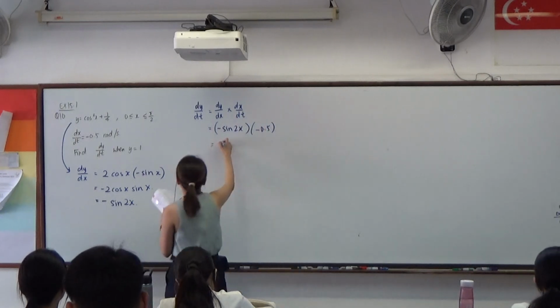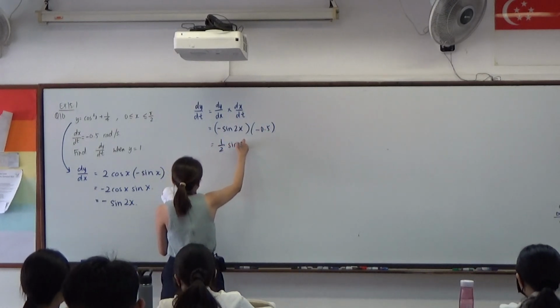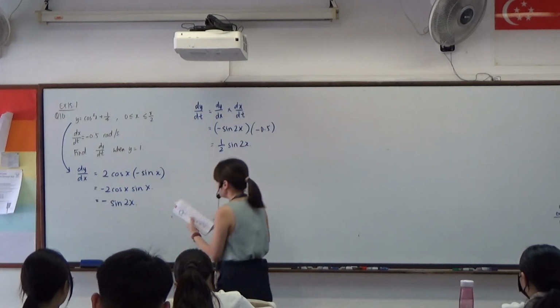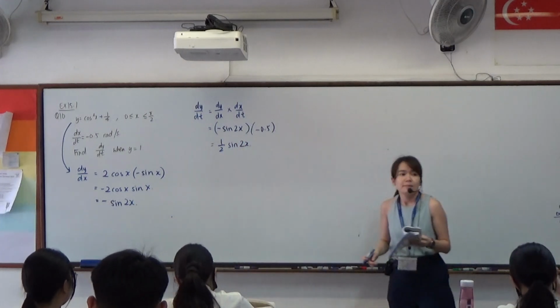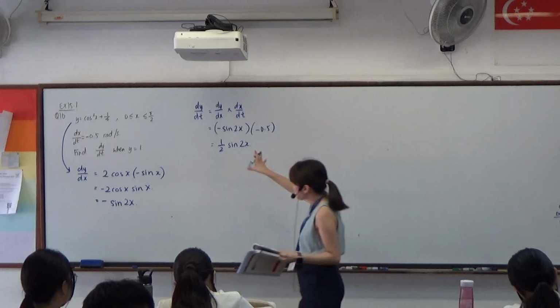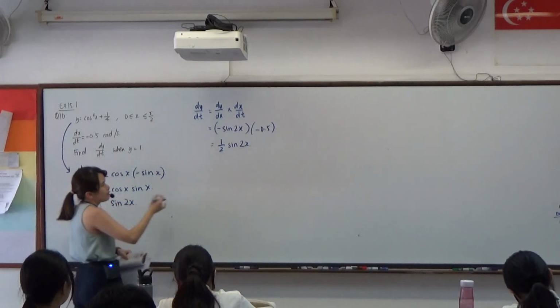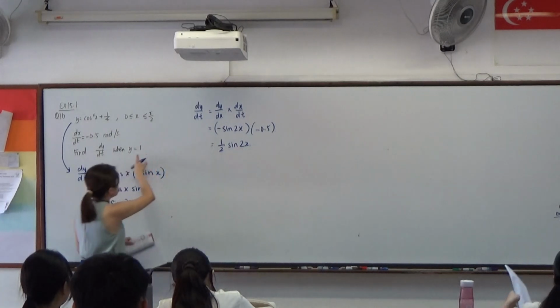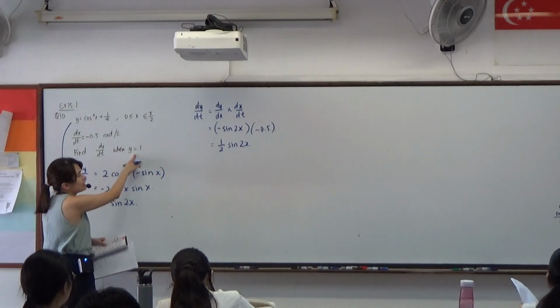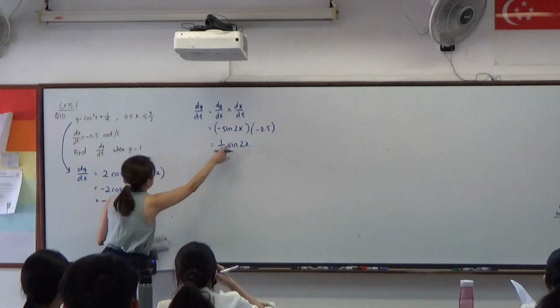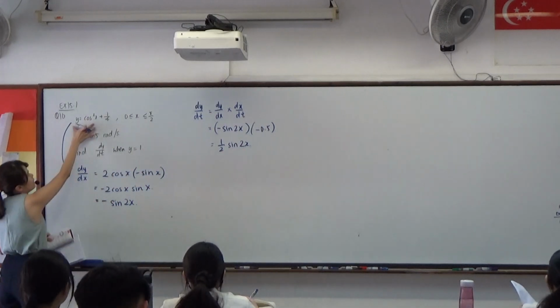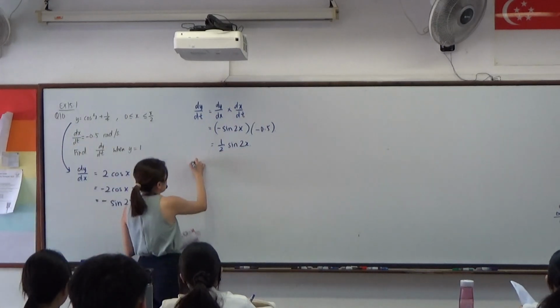And this gives us half sine 2x. But the question asks for the value of this itself when y equals 1, but I need the x value instead of the y value. So to find the x value to put inside here, I will need the corresponding y value from the original equation.